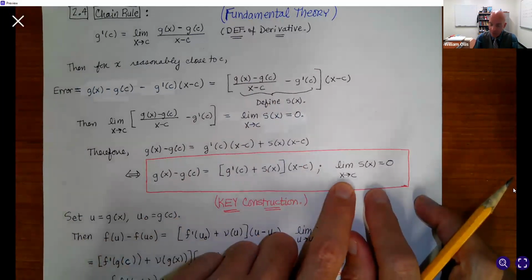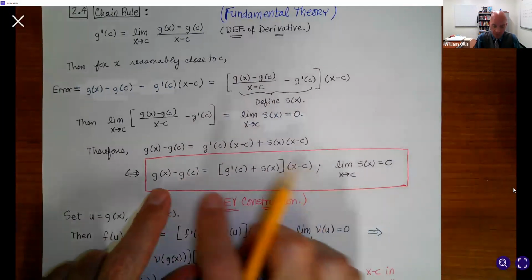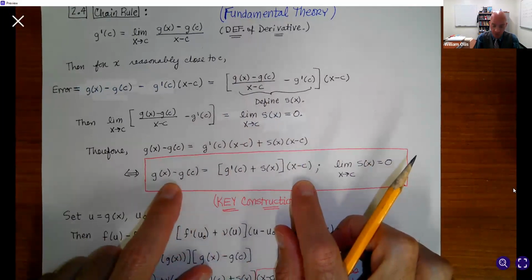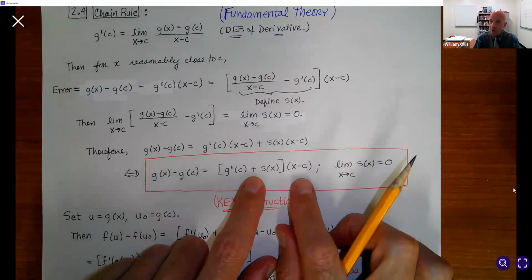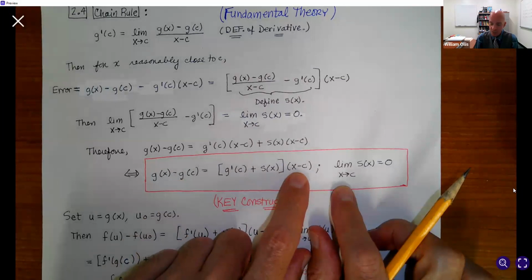And we observe that the limit of s of x as x approaches c is 0. So this gives us a way to write the actual difference from the definition of derivative as a product of two very convenient functions, and this is very useful because this is what we're always looking to absorb.